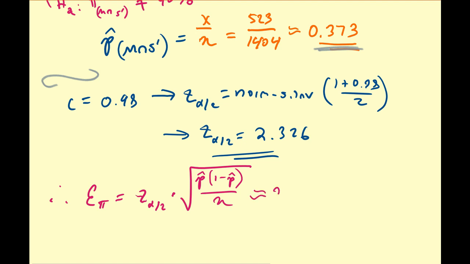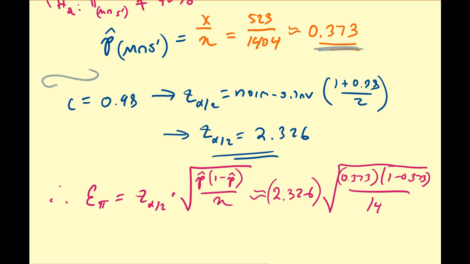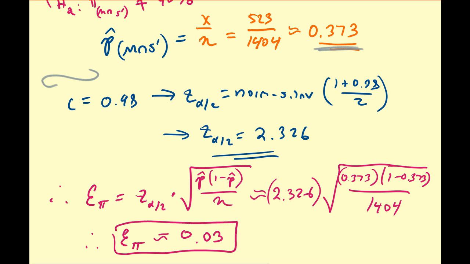Once you plug everything in, that's 2.326 times the square root of 0.373 times (1 minus 0.373), all divided by 1,404. Once you do that calculation, you should get something about equal to 0.03. So that's your margin of error.